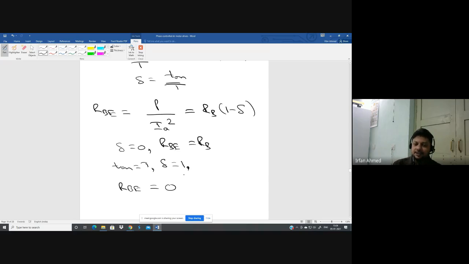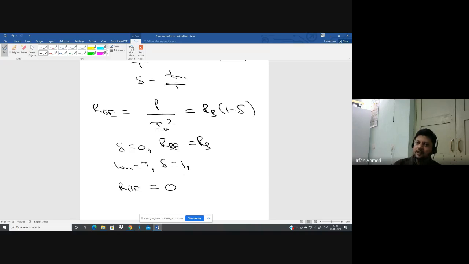So by changing the value of del from 0 to 1 or from 1 to 0, you can control the effective resistance from 0 to RB. And hence you can control how much energy is being dissipated in the braking resistance, and you can control the dynamic braking. Basically, you can control the time for braking and all those things.